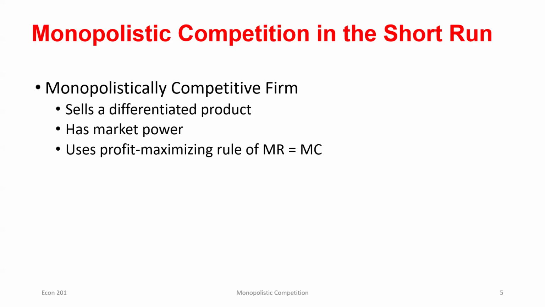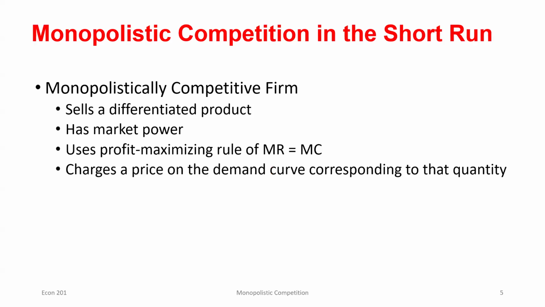Now, just like the monopolist, the monopolistically competitive firm has some market power, so it then goes up to its demand curve to set the price. It's the same two-step process we had for a monopolist. We go up to that demand curve to figure out, at the profit maximizing quantity, what price we should set.